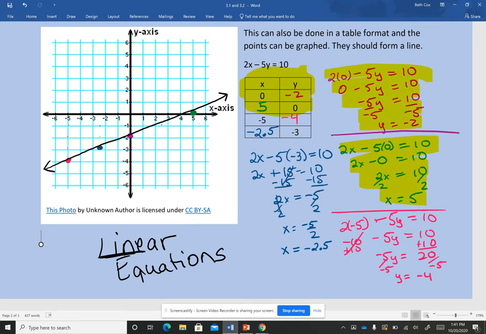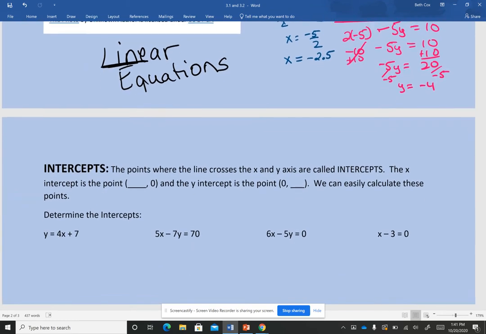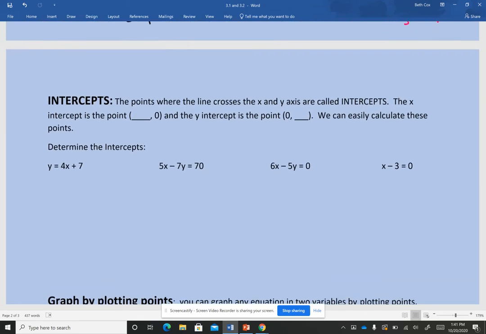We just didn't call them the intercepts. We just plugged in 0 for x and figured out a y, and then we plugged in 0 for y and figured out the corresponding x. Here's the x-intercept, and here's the y-intercept. So that's what we did last video, and we're going to continue doing that. Now we have a vocab word associated with it, so you need to know what that means.